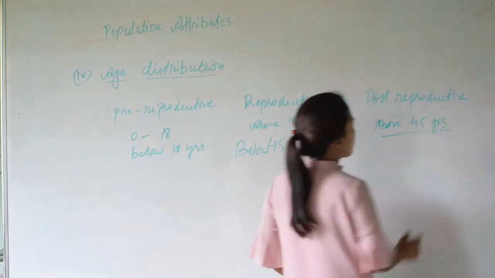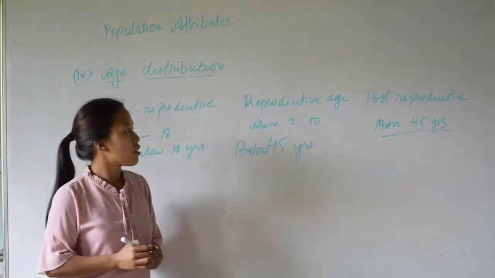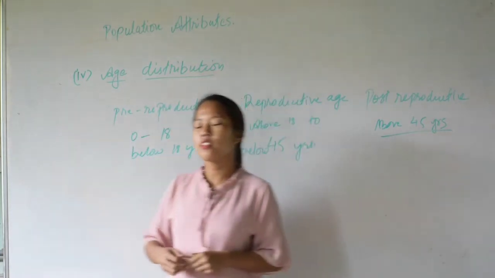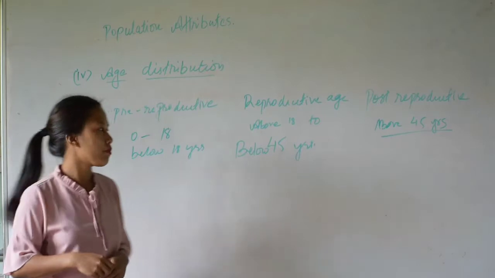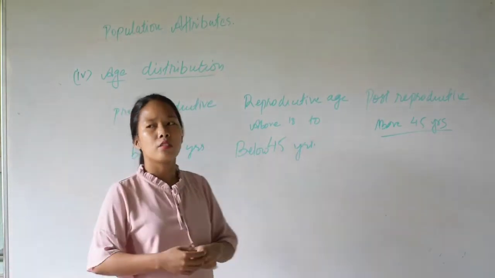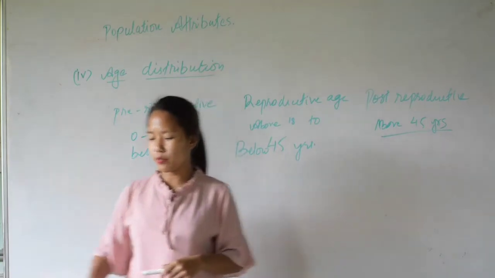So those who are exceeding more than 45 years are grouped in the post-reproductive age group. Here we are talking about the female only, because females are the ones who are able to reproduce.